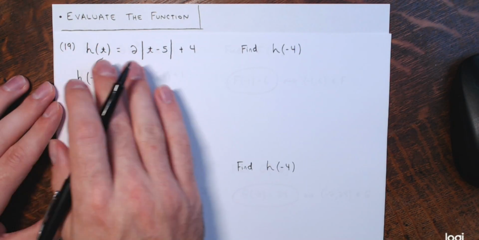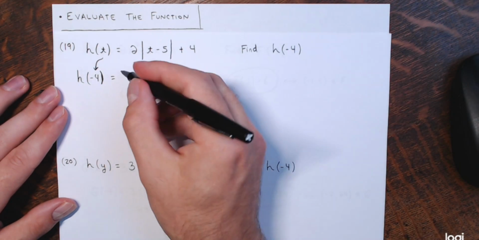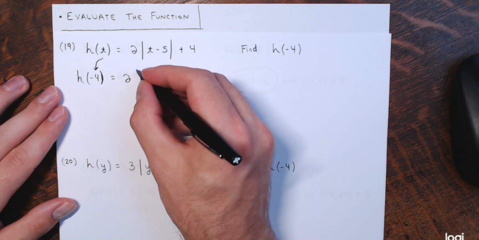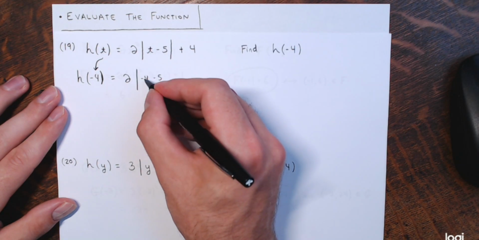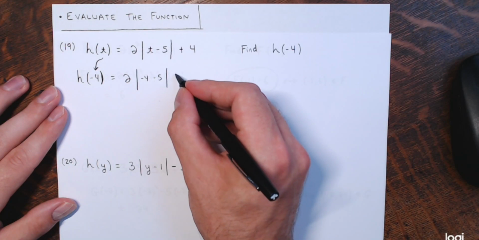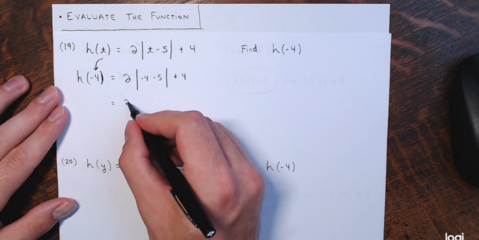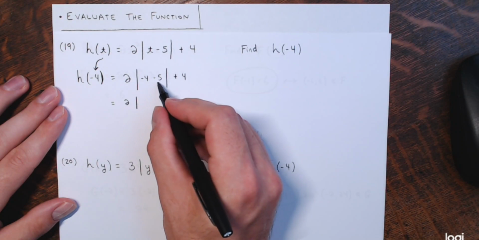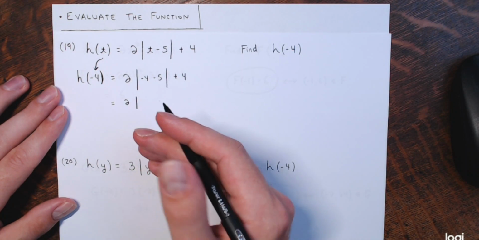Well, same thing. Anywhere there's a t, I replace it with -4. So we have 2 times the absolute value of -4 minus 5, replacing t with -4, and then plus 4. Remember, you simplify what's inside the absolute value first, and then take the absolute value.